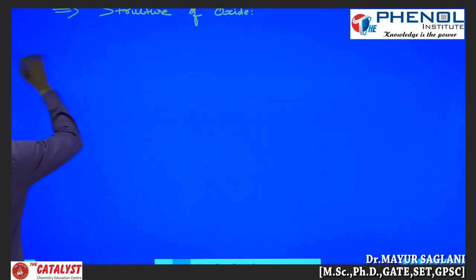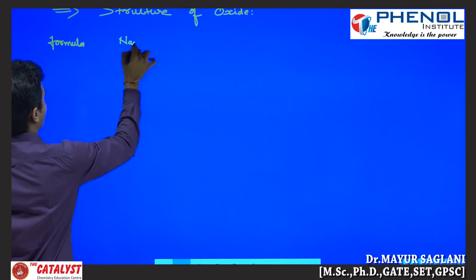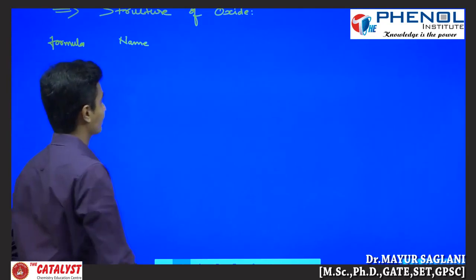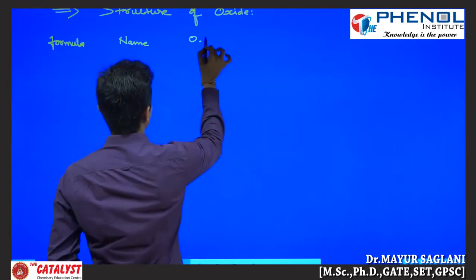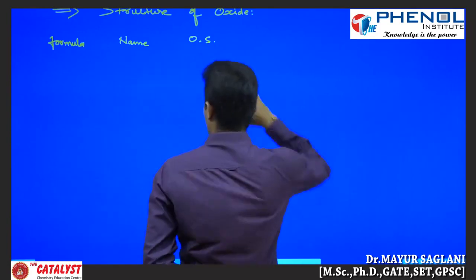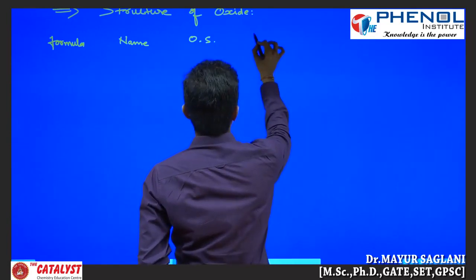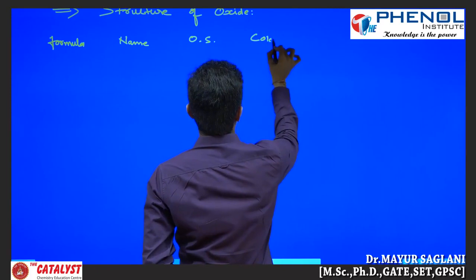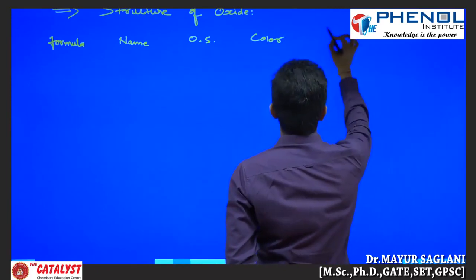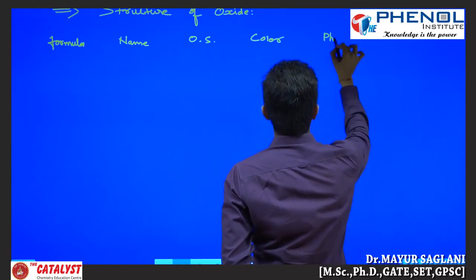You can make a table. Formula, then name of the compound, then oxidation state, then color, and physical state.